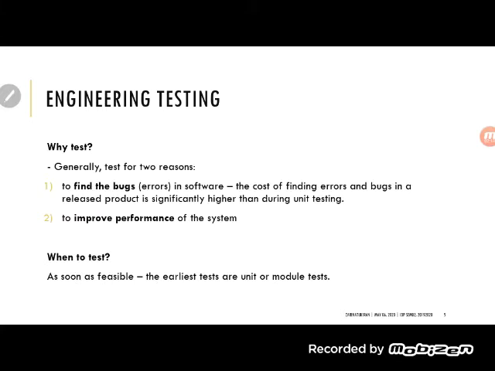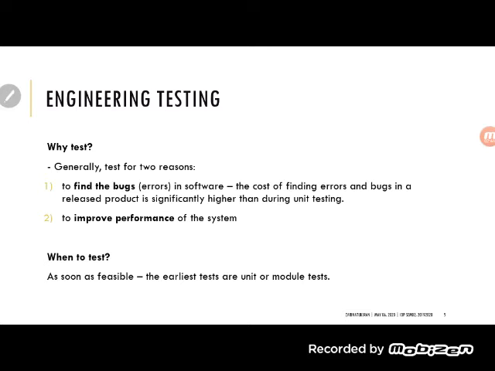Why test? Before you begin designing tests, it's important to have a clear understanding of why you are testing. This understanding influences which tests you stress and, more importantly, how early your tests begin. In general, you test for two reasons.